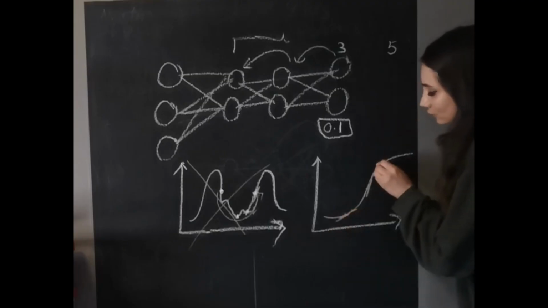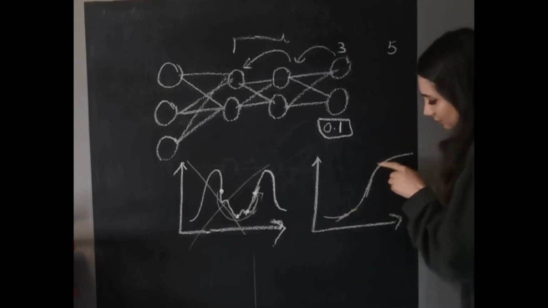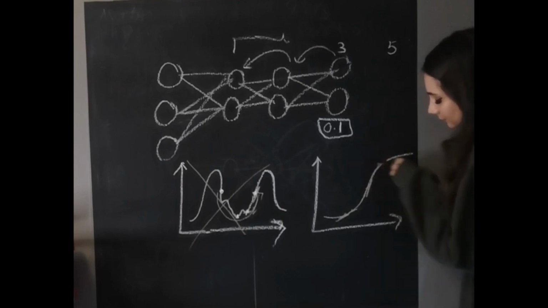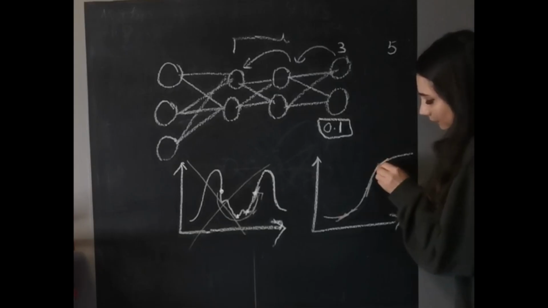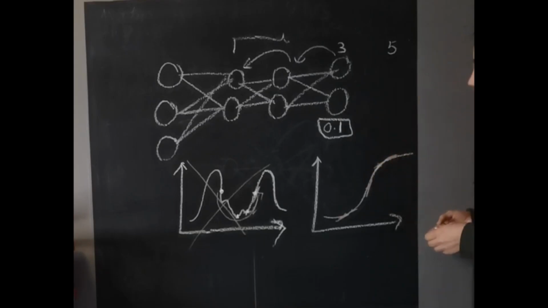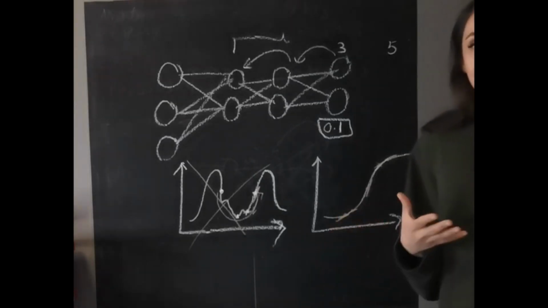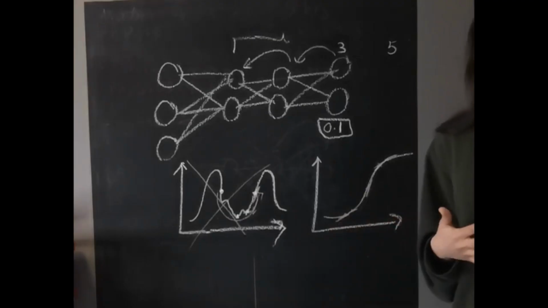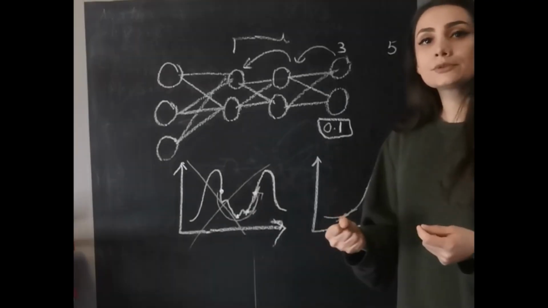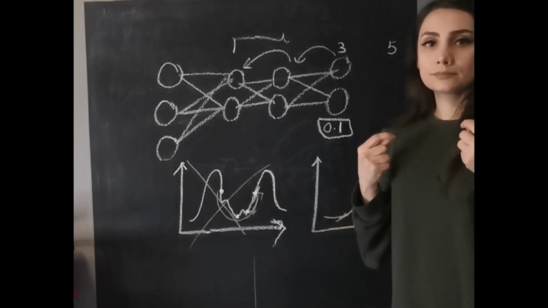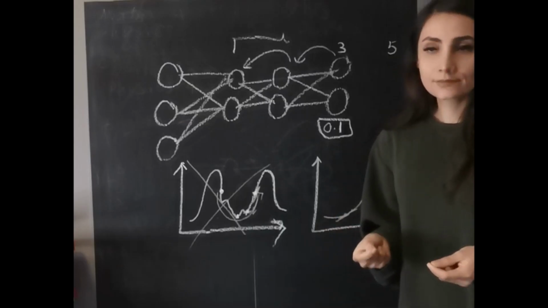It becomes more flat, so the gradient is going to be very small. So sigmoid and tanh are going to be among the main contributors to vanishing gradients.